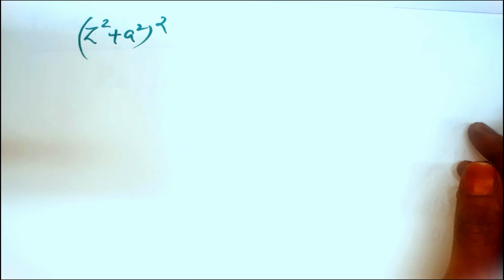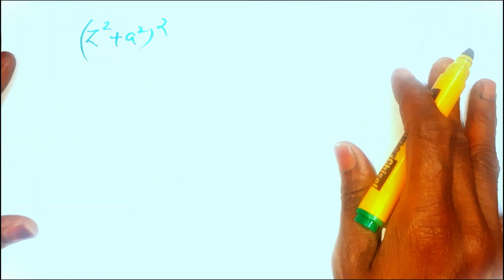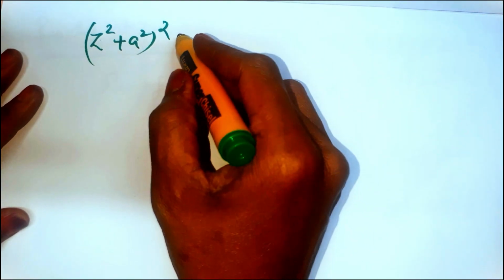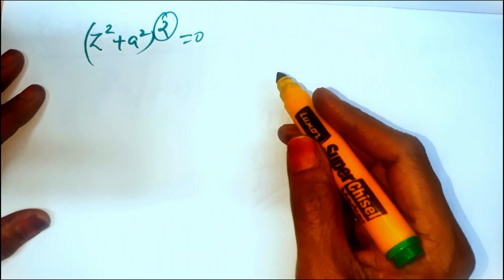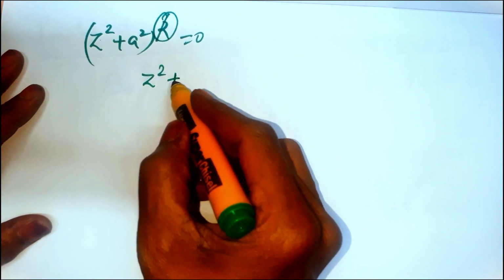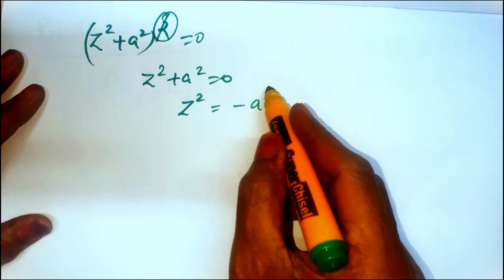Here they have mentioned z is equal to ai. At this pole only we have to calculate the residue. But if it is not given, what we have to do? Take the denominator equal to 0. The power belongs to the order of the pole, so don't bother about it. Take just this factor, z squared plus a squared equal to 0, which implies z squared is equal to minus a squared.